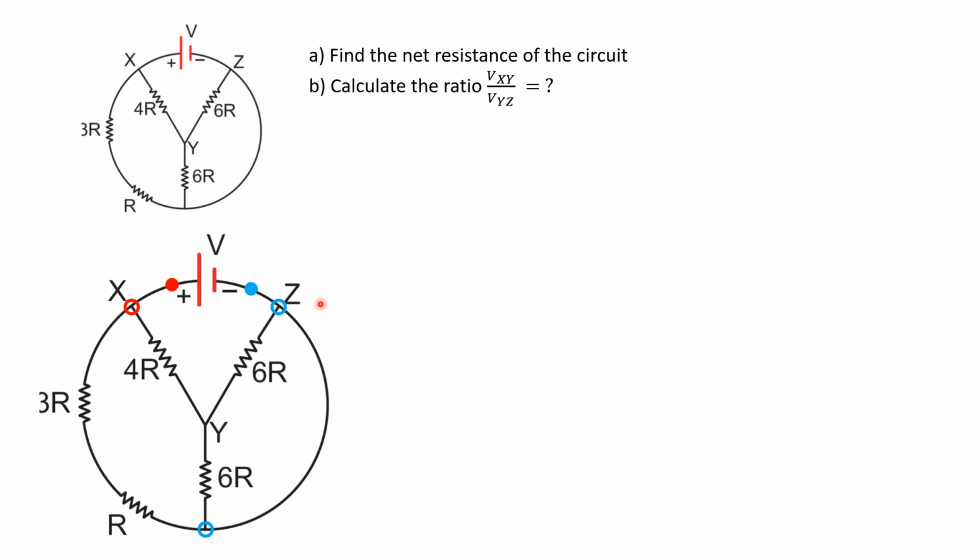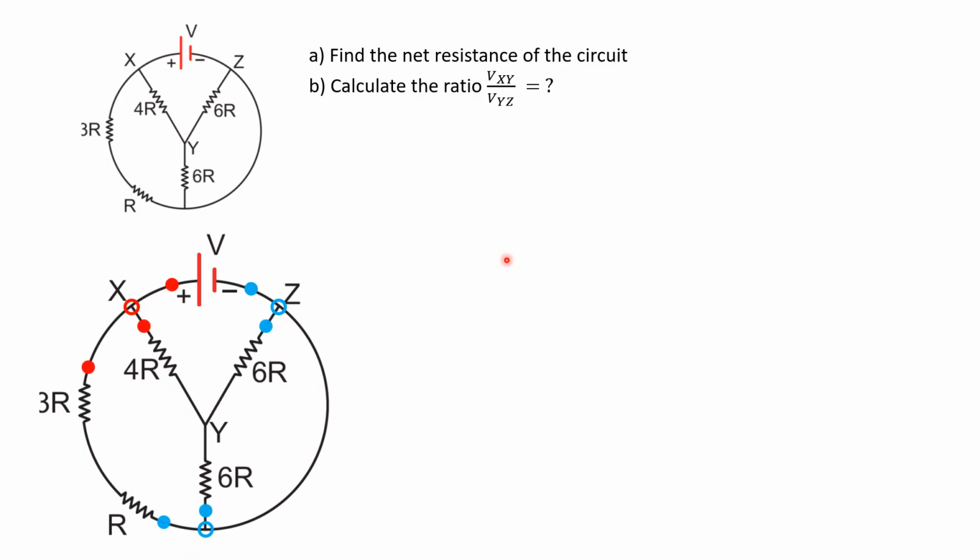But at this point Z, the potential is the same as the potential of the negative electrode of the battery, and the potential is the same at this point as well, because there are no resistors in here. So we identified where the potentials are the same. Here is the same, and here is the same.